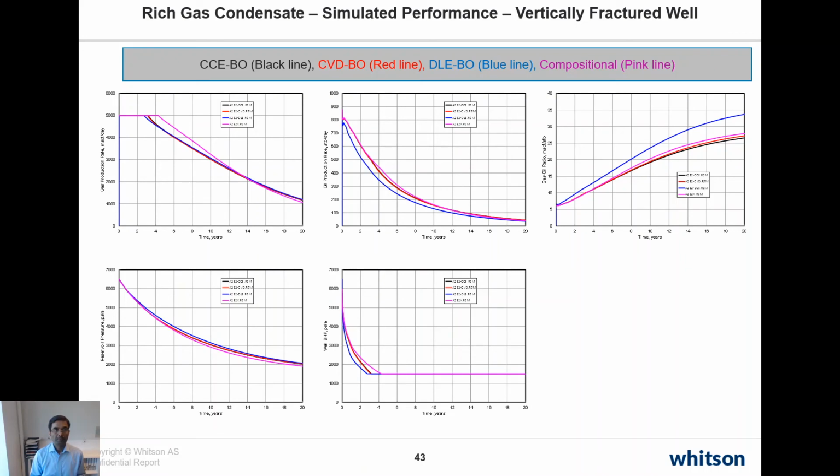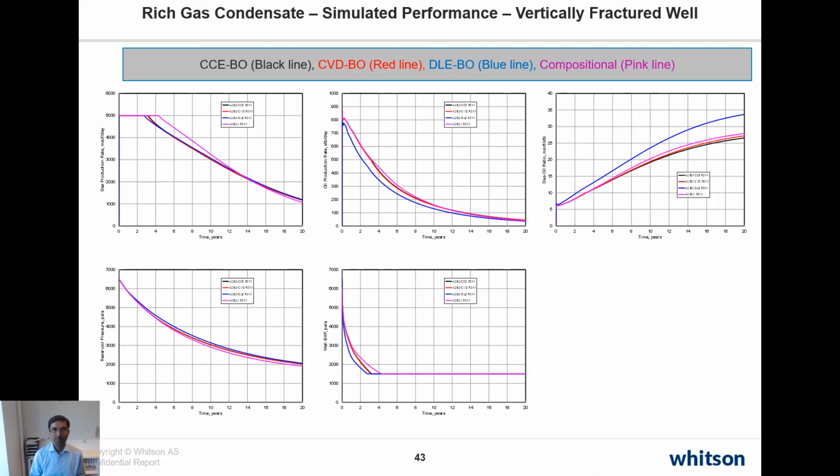Then the reservoir was also simulated using a vertically fractured well. And if we see here, top left is the gas production rate, top middle is the oil production rate, top right is the producing gas oil ratio.